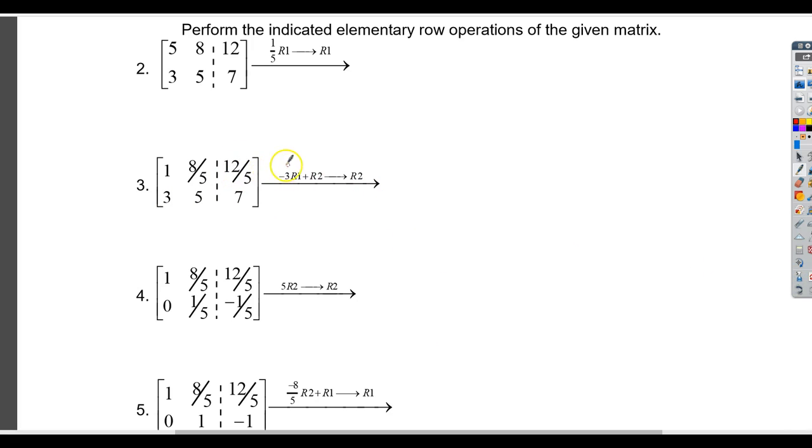Okay, this one says to multiply row 1 by -3 and add it to row 2. So -3 times 1 plus 3. Let me write my new matrix, I'll write a little bigger. The top row is going to stay the same because here it says we're going to replace row 2, so this is not changing.